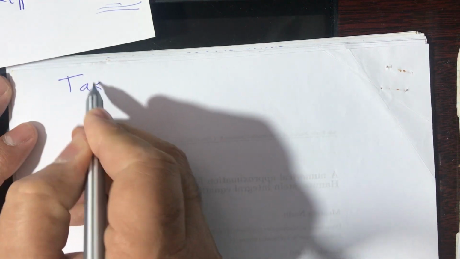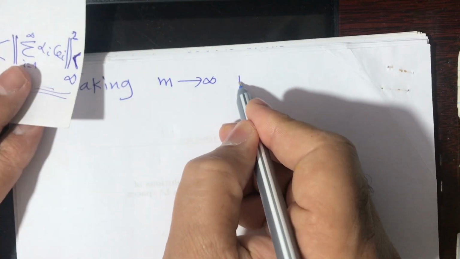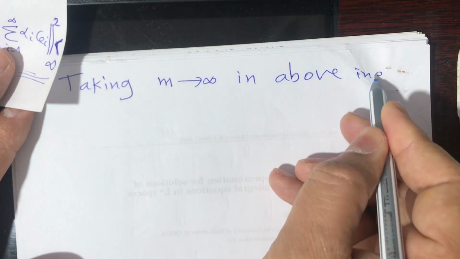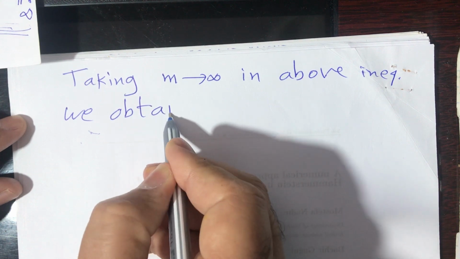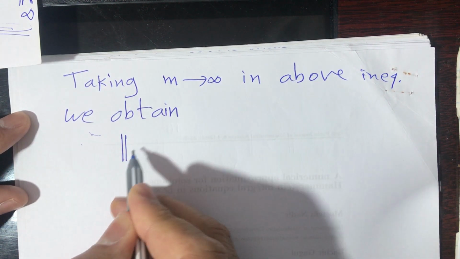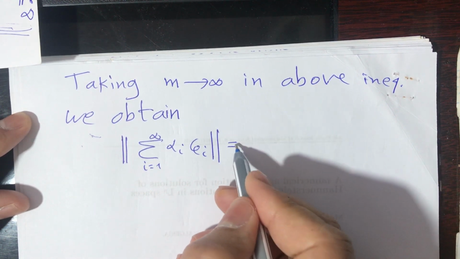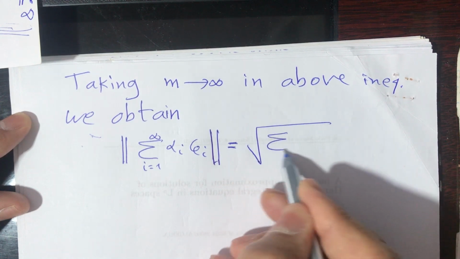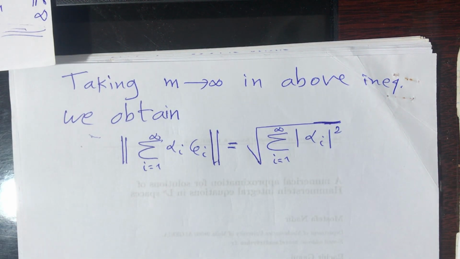Taking m going to infinity in the above inequality, we obtain the norm of the summation I equals 1 to infinity of alpha I phi I is equal to the root of the summation I from 1 to infinity of alpha I squared. That is what we need in our theorem.